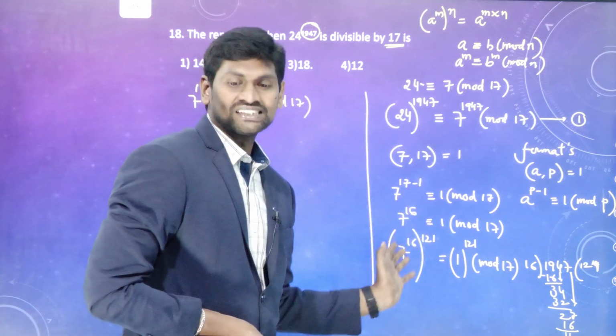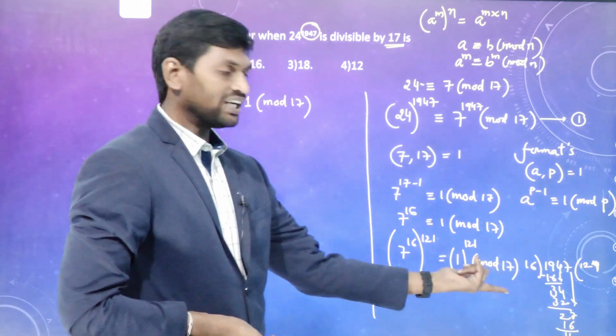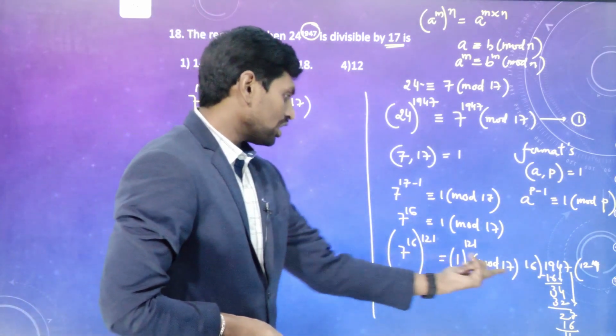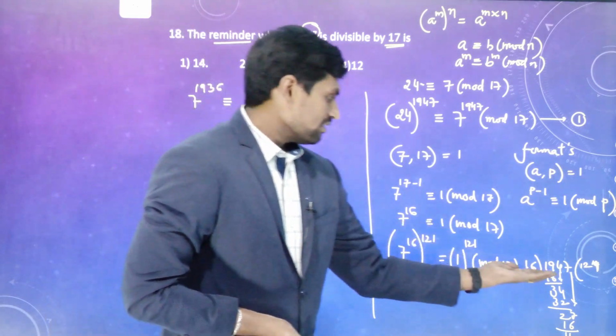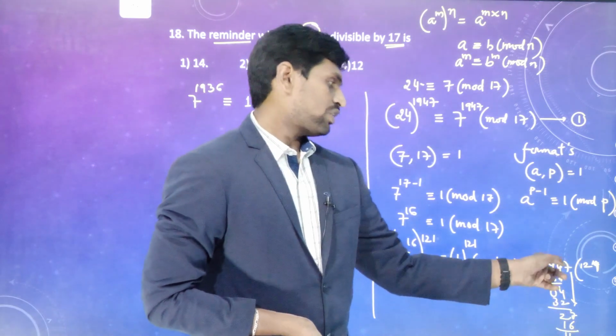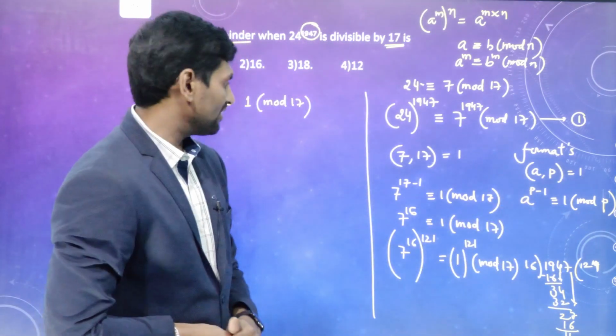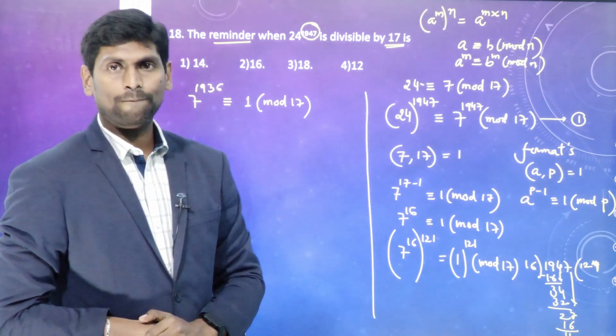I am just increasing the powers nearer to this value. If it comes exactly, we will get the remainder 1. But it is not coming. There is a remainder 11. So 1947 minus 11 is 1936. Up to here, you will get the remainder 1.